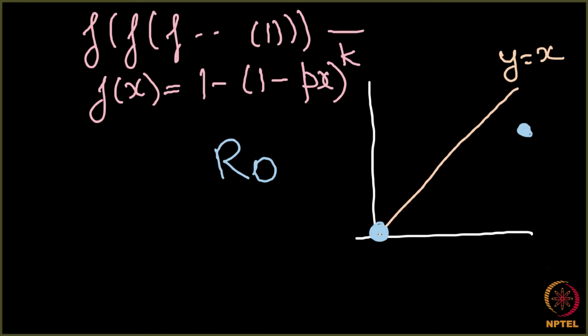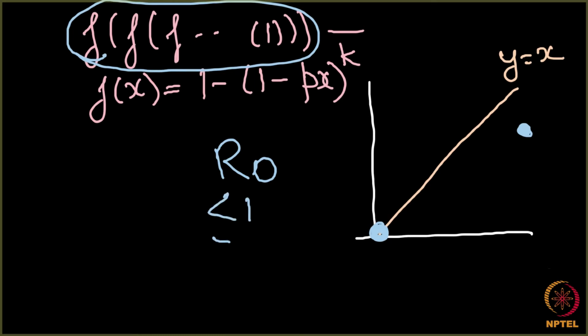Now let's see how we are going to find the value of q star, which is f of infinite times 1, when our R0 is less than 1 and when our R0 is greater than 1. So let me draw the graph neatly here.